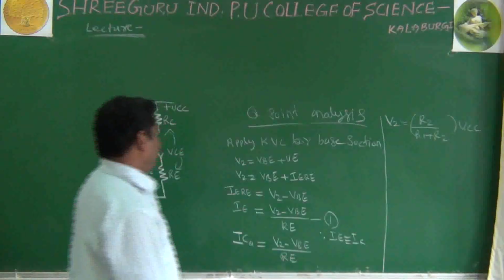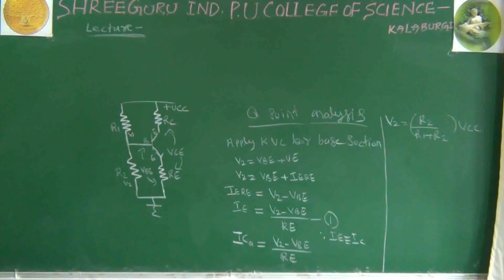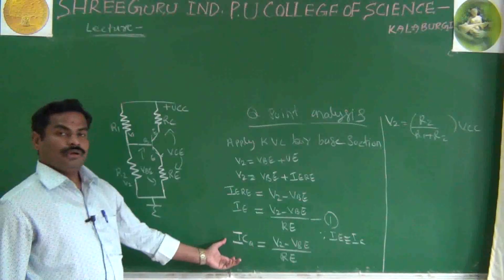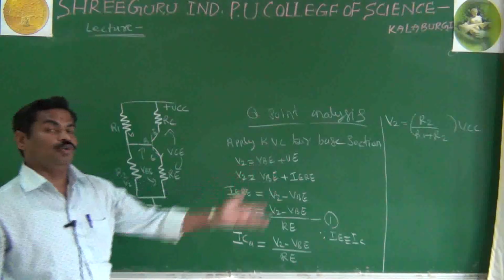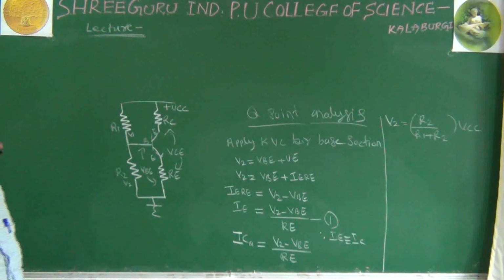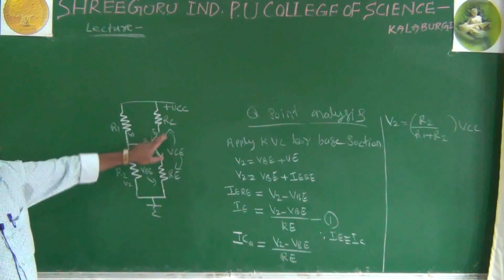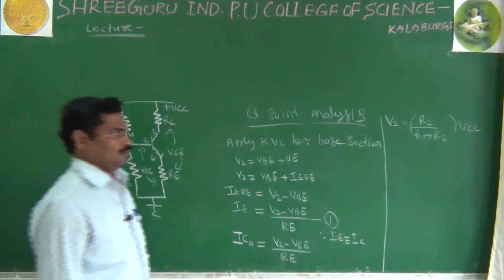And finally, we know the output current. We want the output voltage. For that, what you have to do? Apply KVL for the output section.